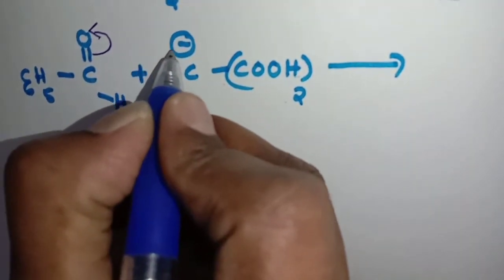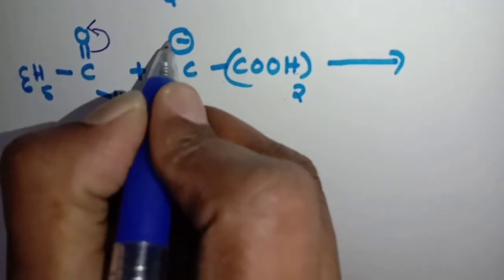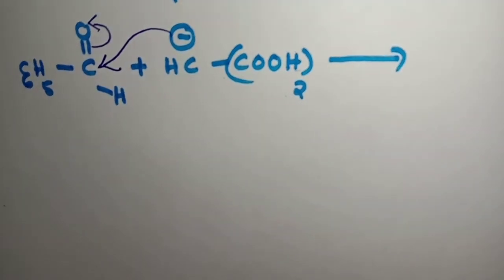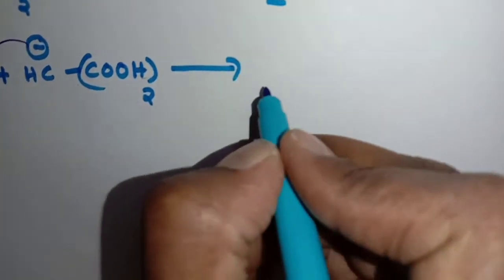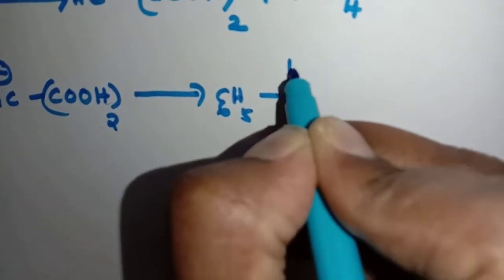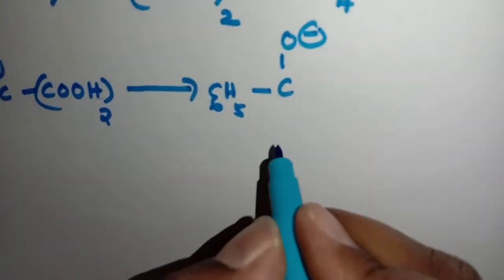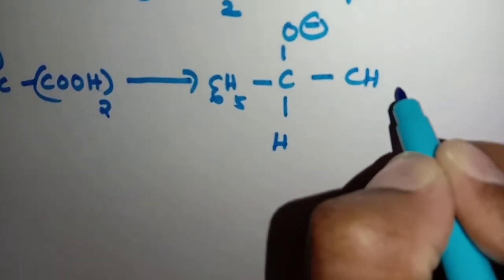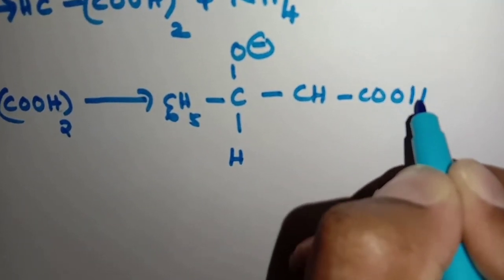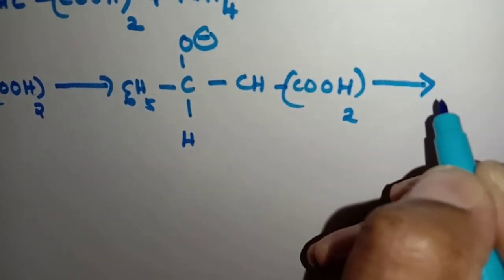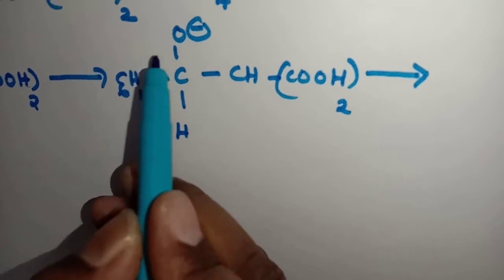So this negative charge, that means the carbanion, attacks the carbonyl carbon. So what forms? C6H5 CO minus. Here is hydrogen. Now here comes CHCOOH twice.